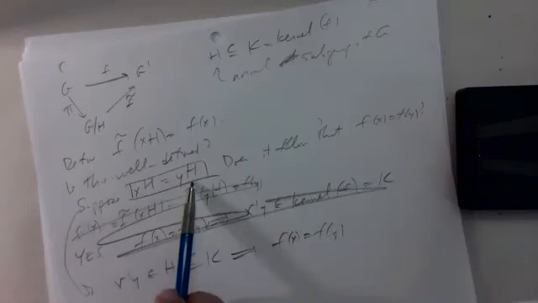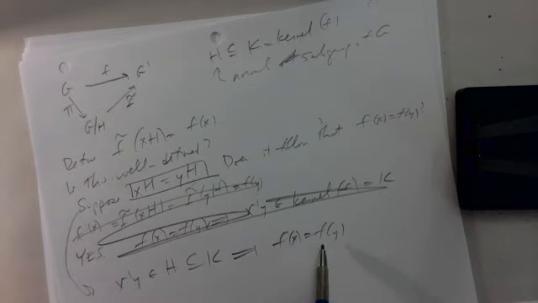If these two cosets are equal, that means X inverse Y is in H, but H is contained in K. So that means F of X inverse Y is the identity, or F of X equals F of Y. So this function is well defined.